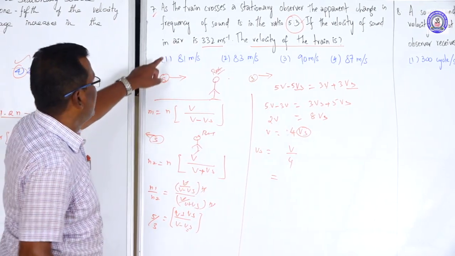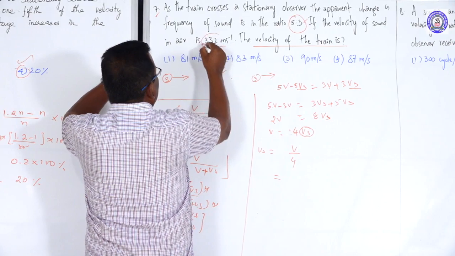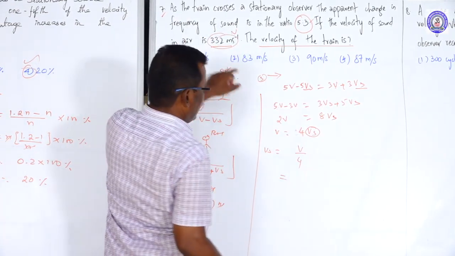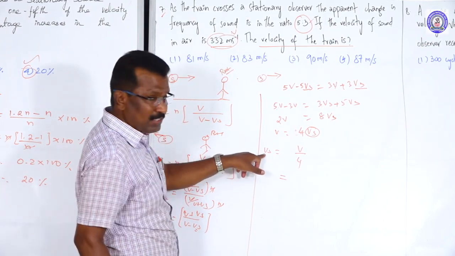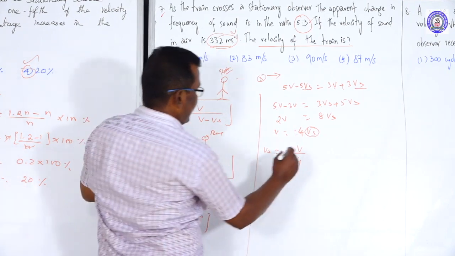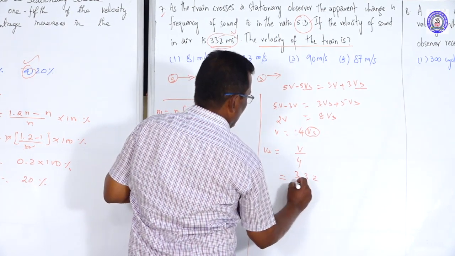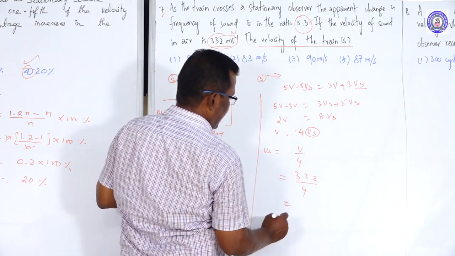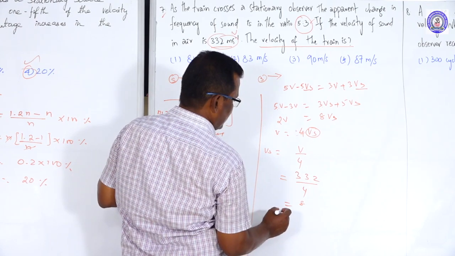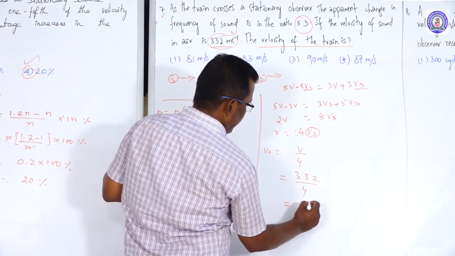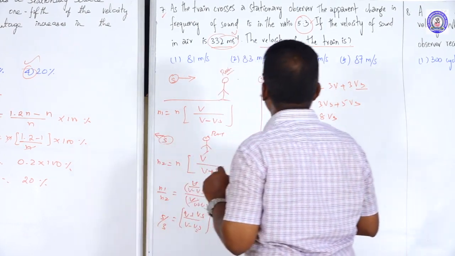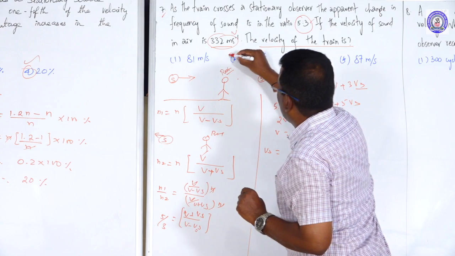Sorry, here v is not the velocity of the train, we have to calculate the velocity of the train; v is the velocity of sound in air, which is 332 meter per second. Divide by 4: 8 3s are 24, 8 4s are 32, so it is 83 meter per second. So option 2 is the correct answer.